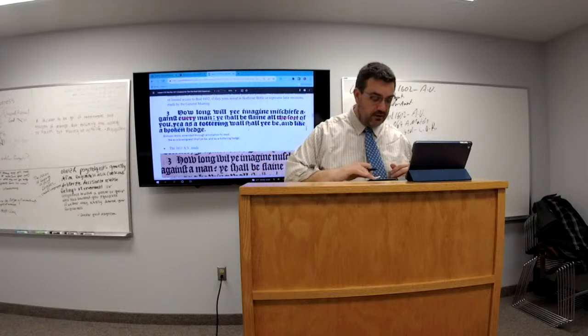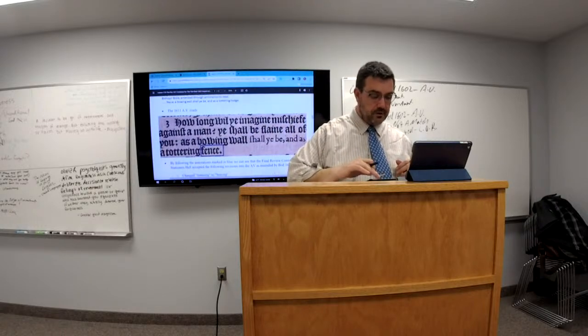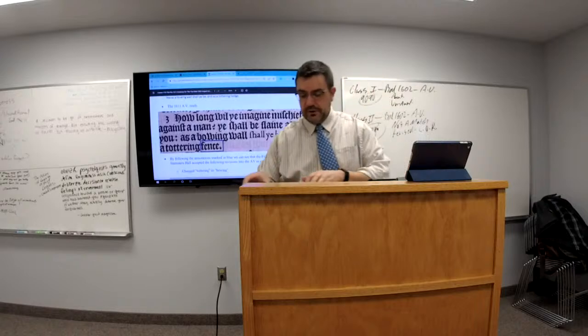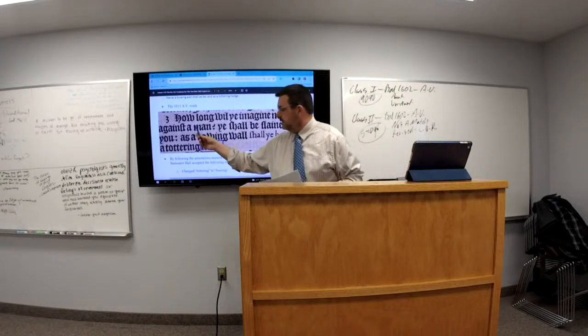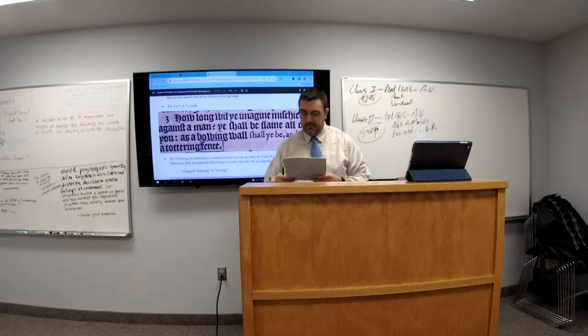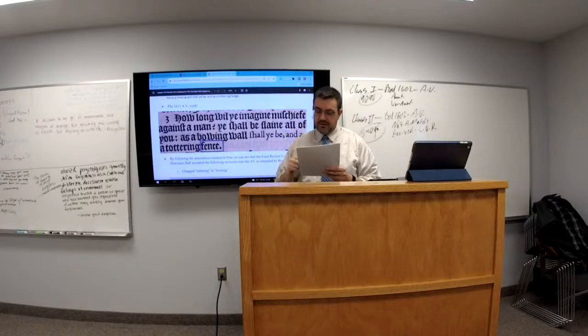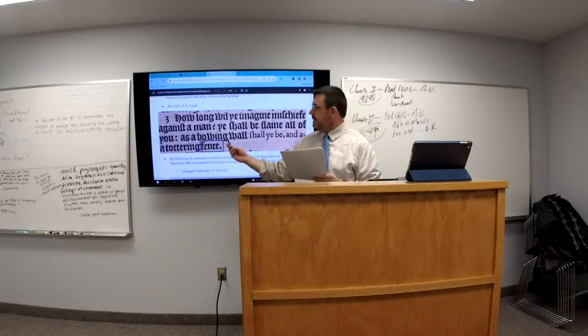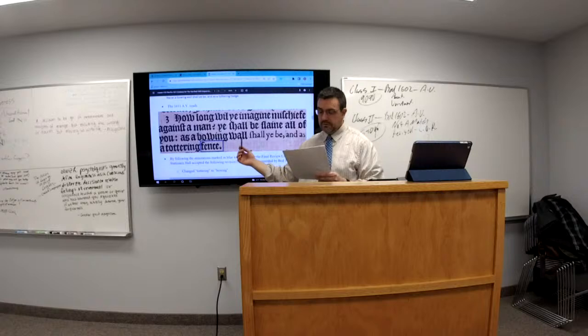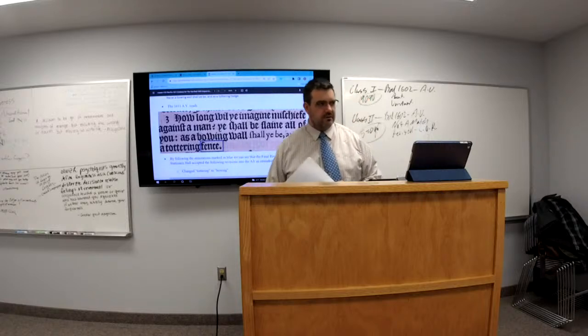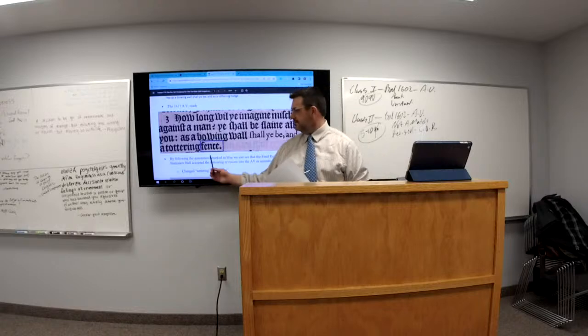Okay, let's look at the AV now. So look at the verse. How long will ye imagine mischief against a man? Ye shall be slain, yes, all of you. Now watch. As a bowing wall shall ye be, and as a tottering fence. What is the difference? Fence.